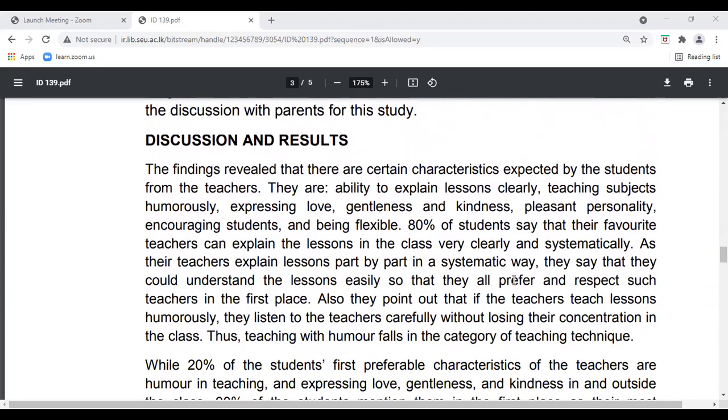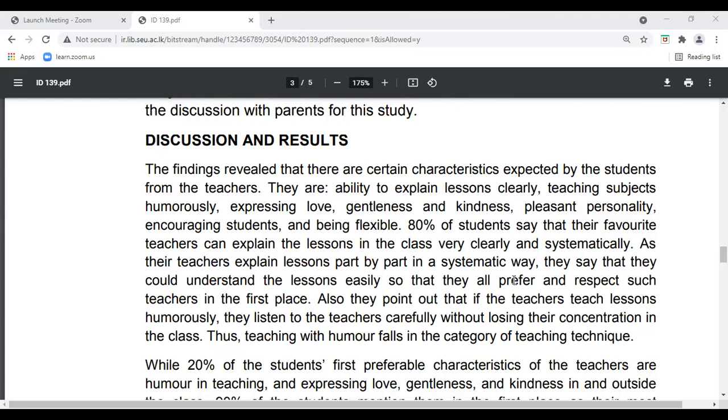Discussion and results. The findings reveal that there are certain characteristics expected by the students from the teachers: the ability to explain lessons clearly, teaching subjects humorously, expressing love, gentleness, and kindness, a pleasant personality, encouraging students, and being flexible. 80% of students say that their favorite teachers can explain the lessons in the class very clearly and systematically.